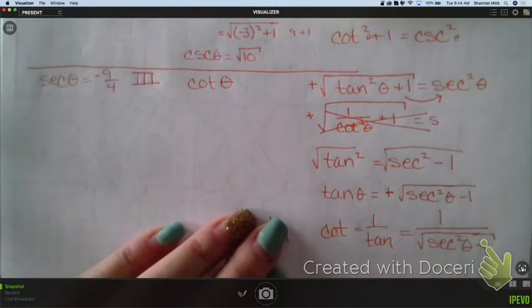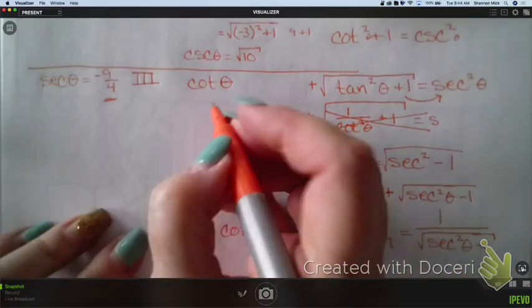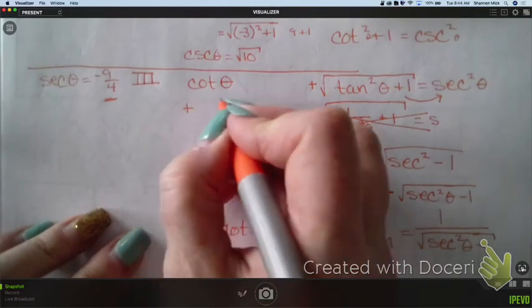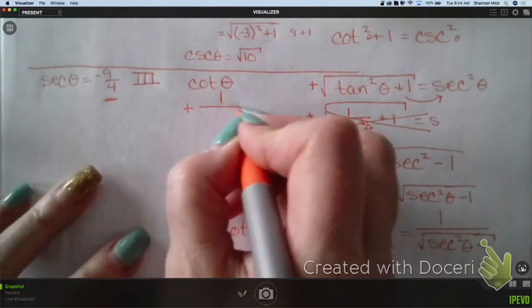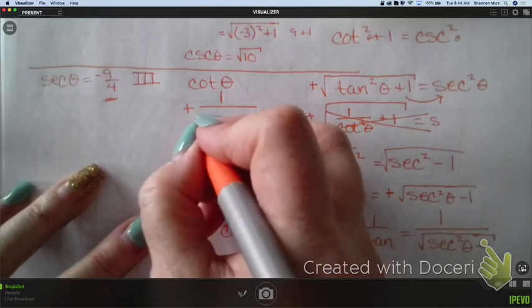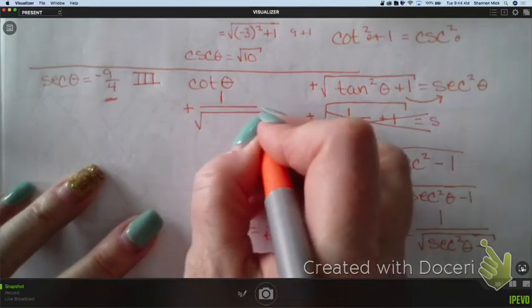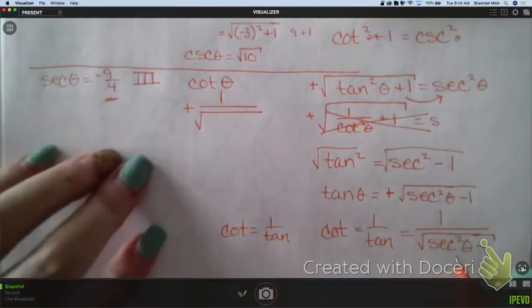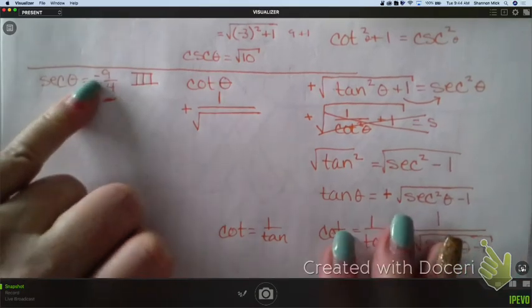Yeah. Okay, so we need to put this information into here, don't we? So I'm going to have positive because we're in what quadrant? The third. And the square root. Secant is what? Negative 9/4.